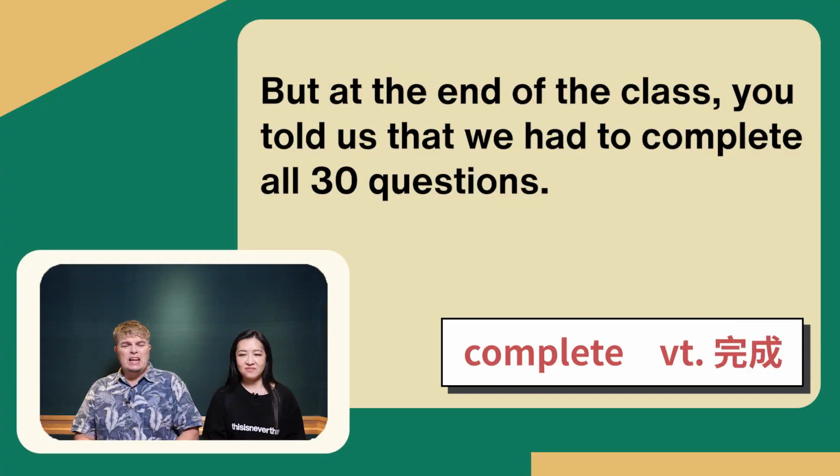You're correct. 然后呢，洪老师就说，对啊，没错啊。 Now, Rebecca says, but at the end of the class, you told us that we had to complete all 30 questions. So at the end of the class, so at the end of our class we just had, Yeah.